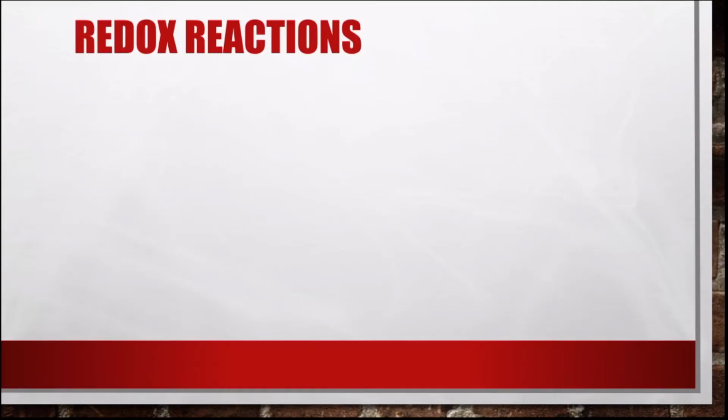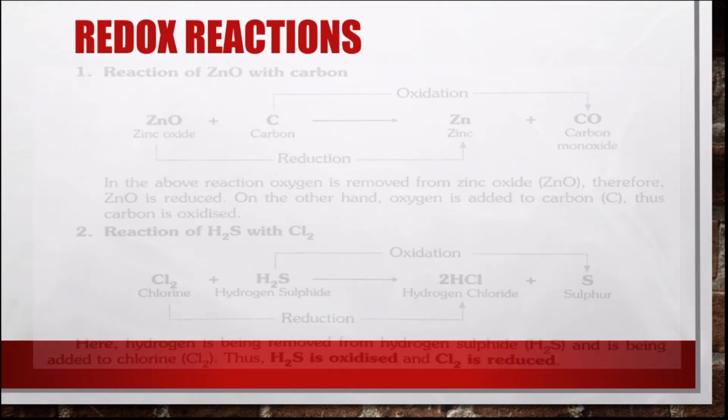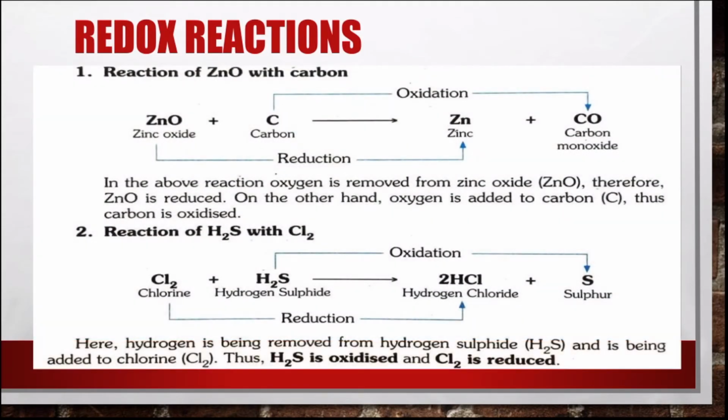Let us see some more examples of redox reactions. The first one is the reaction of ZnO with carbon, where ZnO, that is zinc oxide, plus carbon gives Zn plus CO. In the above reaction, oxygen is removed from zinc oxide, therefore ZnO is reduced.